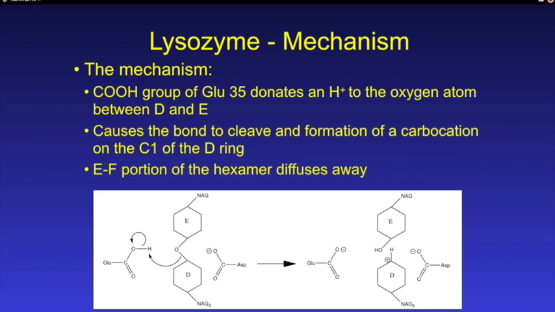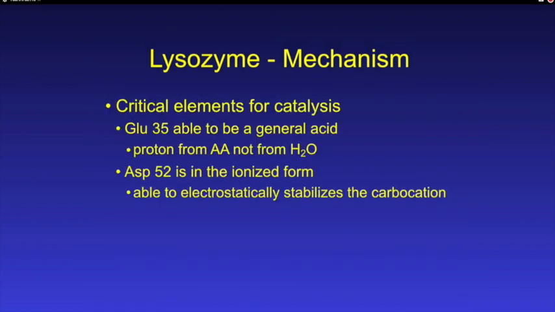Okay, remember I said that D was the only binding pocket for sugars that actually had a thermodynamically negative interaction, and it's really because there is a steric interaction. So let's talk about that just a moment. The critical catalysis is glutamate first acts as a general acid, and the aspartate in the ionized form stabilizes the carbocation.